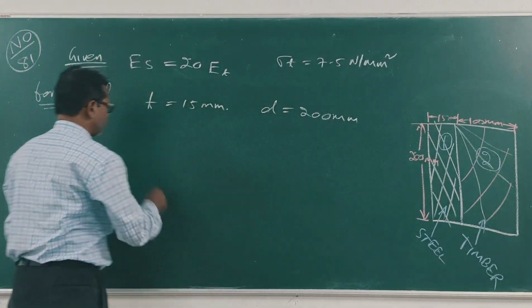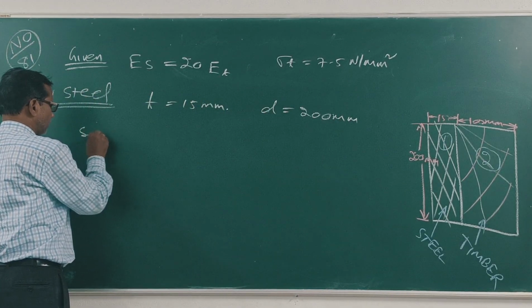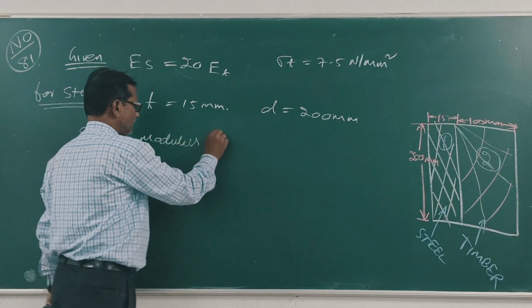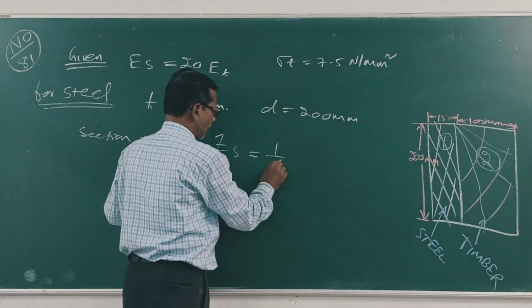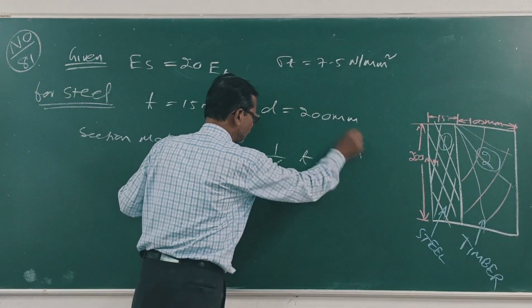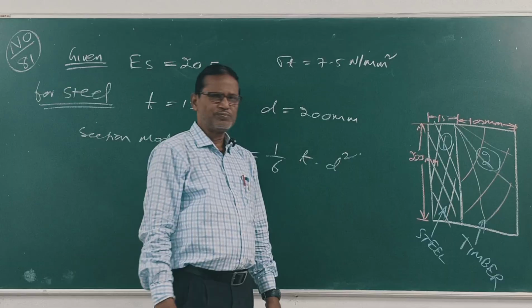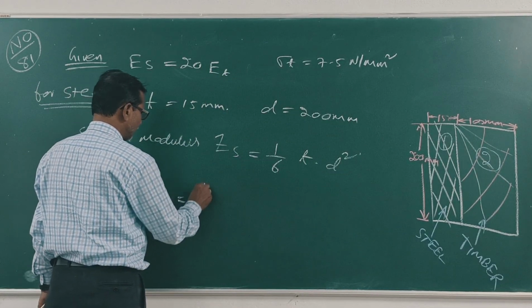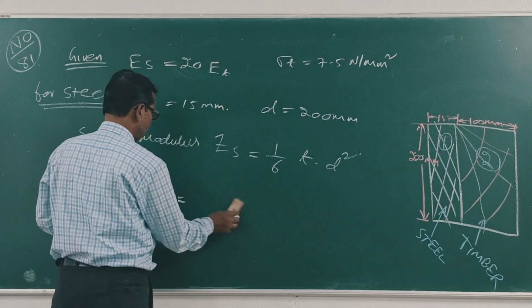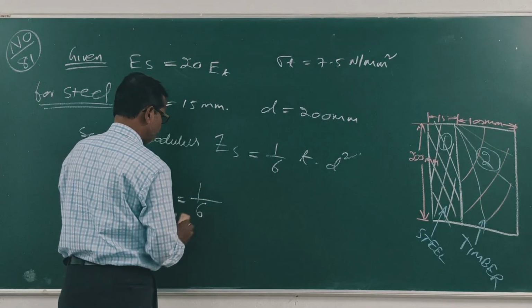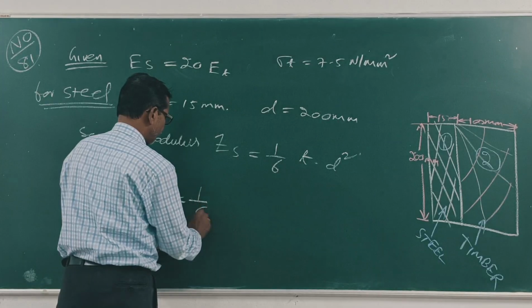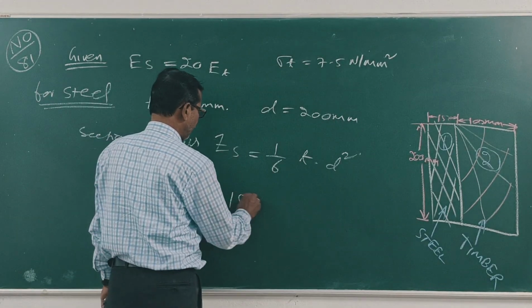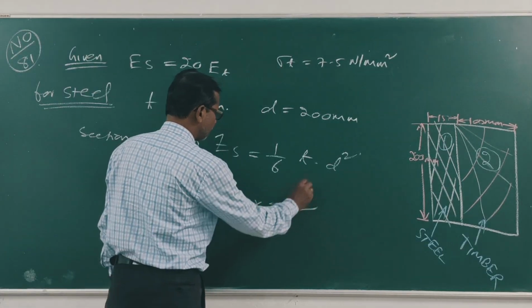So Z for steel, ZS, is the section modulus. Section modulus ZS is equal to 1 by 6 t into d square. Clear? So ZS is equal to 1 by 6 into 15 into 200 square.